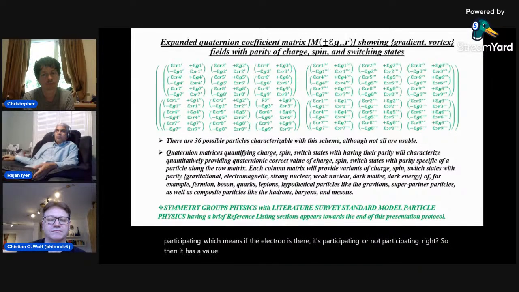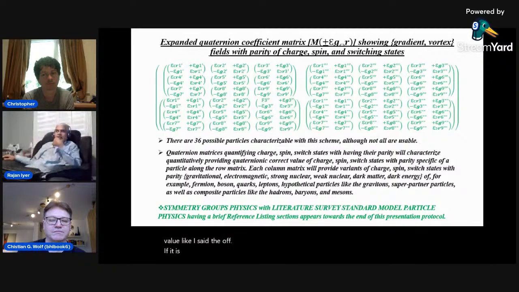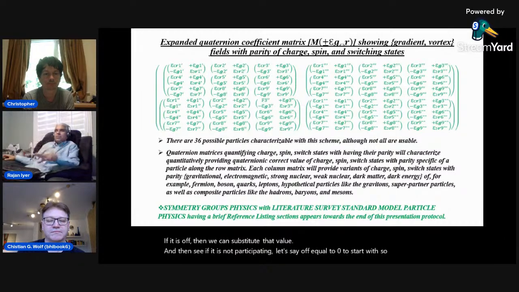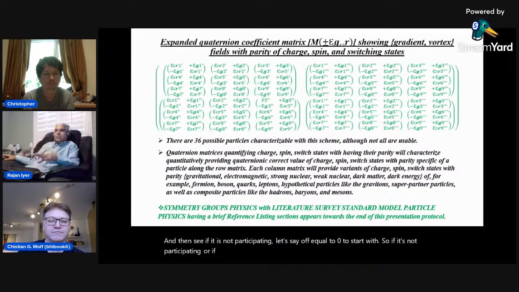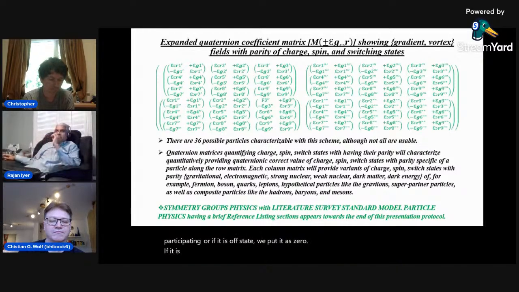Like I said, if it is off, then we can substitute that value. Let's say off equal to 0 to start with. So if it's not participating or if it is off state, we put it as 0. If it is on, if the electron is highly active, is the active component, we put it as 1. So we can put that value for the switch states.